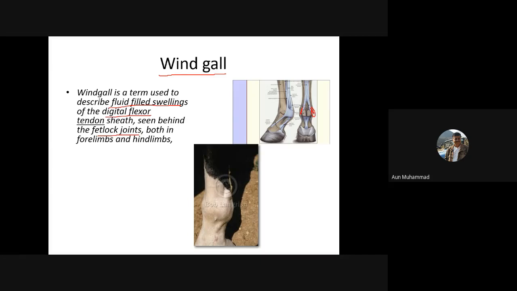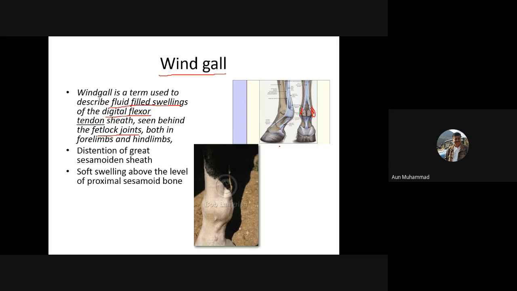In fact, this swelling, if you observe, is because of the over-secretion of the tendon sheath, and that fluid gets accumulated at this area, that is, the posterior aspect of the fetlock joint. This is equally present in the forelimb as well as in the hind limb.